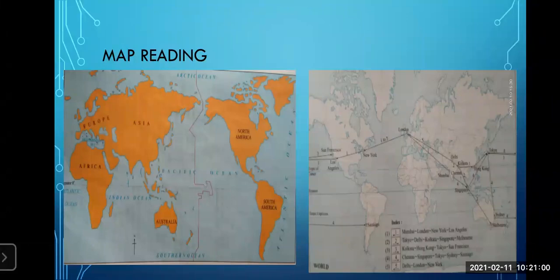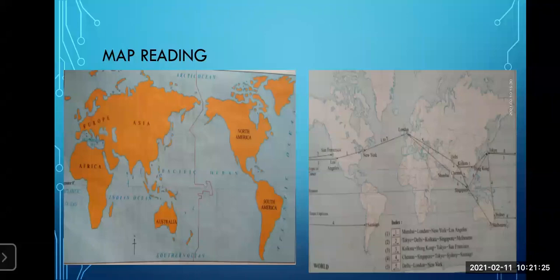That is why we are not crossing the IDL. So the answer is no. Now, when you travel from Kolkata, Hong Kong, Tokyo to San Francisco, of course you are going to cross the IDL, so the answer is yes.